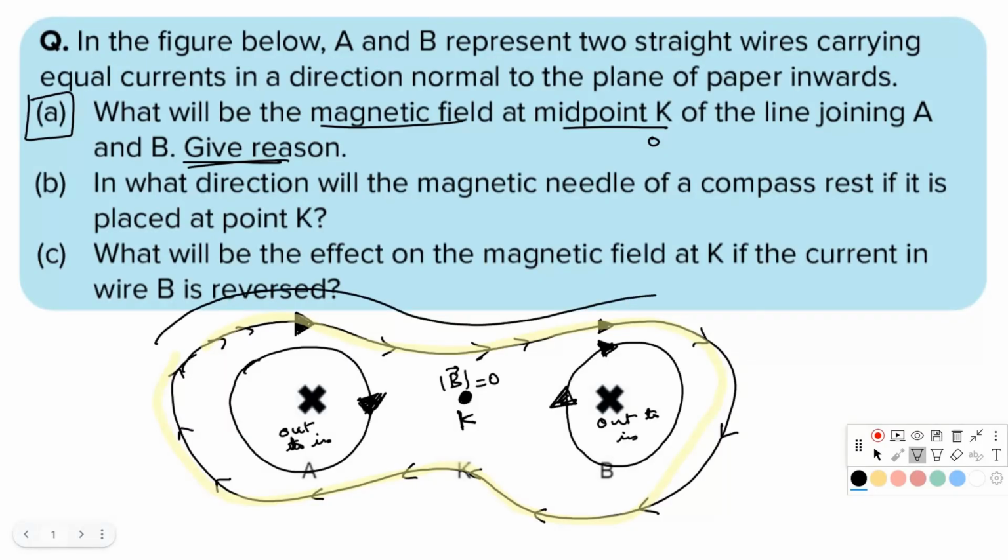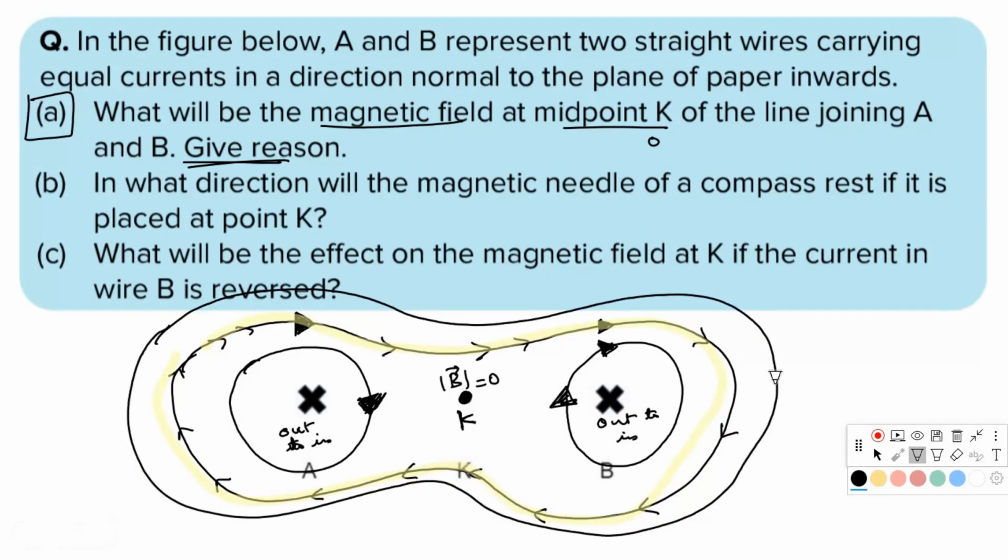The field will just travel around points A and B and will never reach K. So magnetic field at the midpoint of these two straight current carrying conductors, in which current is in the same direction and that too out of the paper to inside, is 0. So I answered the first question.